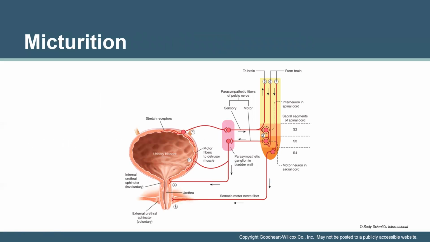So when we're talking about the neurologic process of how it works, at the lower end of the spinal cord, in the sacral region, we have some centers that will deal with the voiding of the bladder.